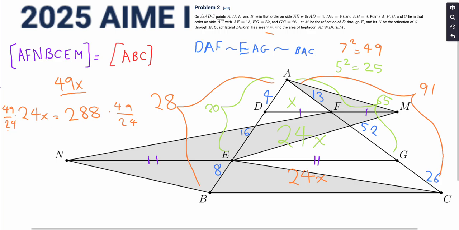And so now the 24s will cancel. 288 divided by 24 would give us, I believe it is, 12.